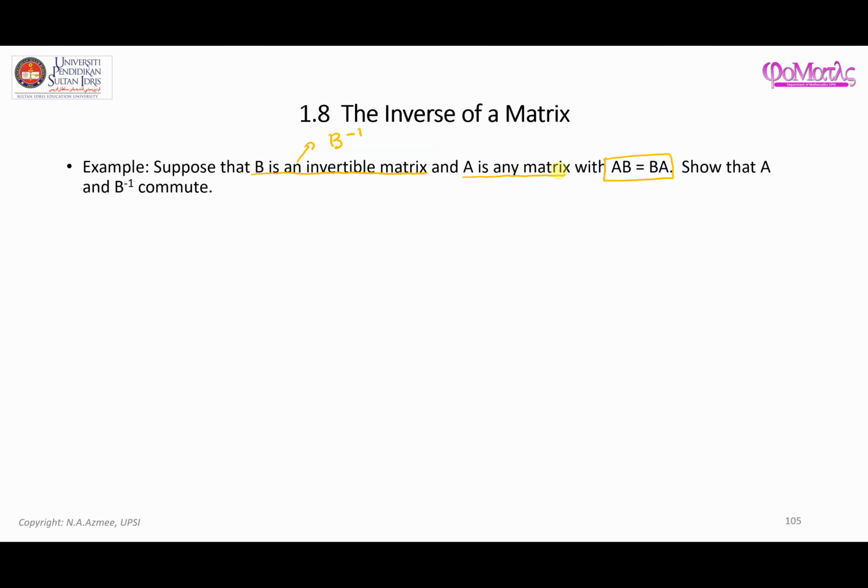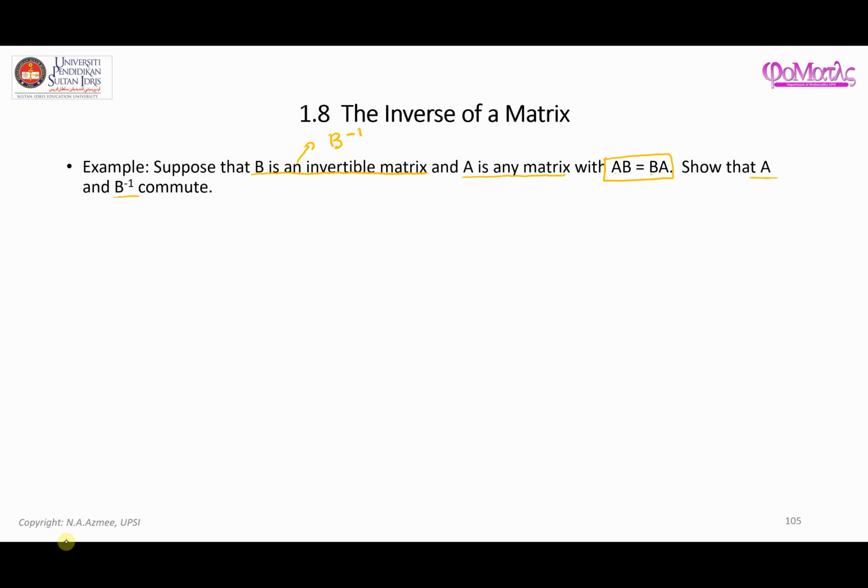A is any matrix such that when you multiply with B, the result is going to be the same when you multiply B times A. So changing the position doesn't affect the result. Therefore, we're going to show in this example here that A and the inverse of matrix B commute.